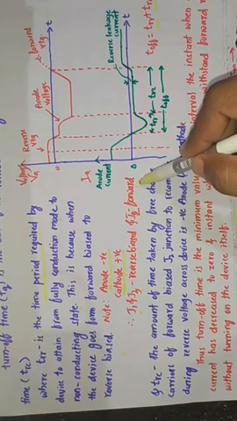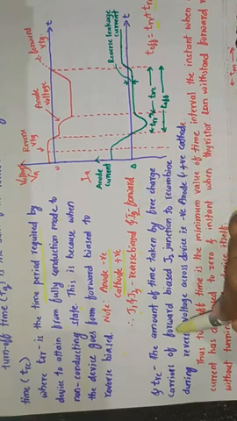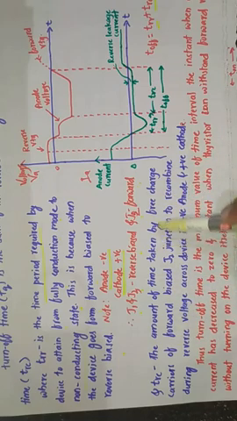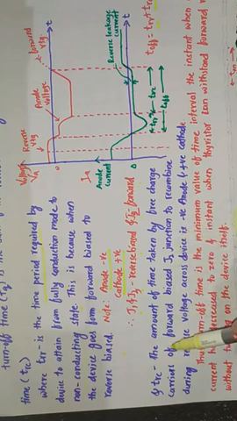So its free charge carriers have to recombine. The amount of time taken by these free charge carriers of forward biased junction J2 to recombine during the reverse voltage across the device is called the recombination time.